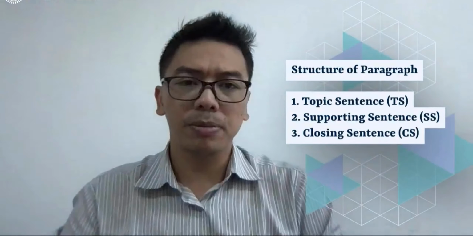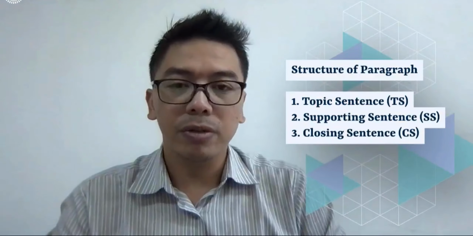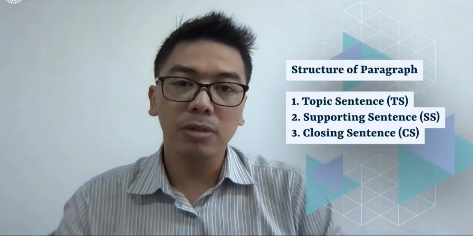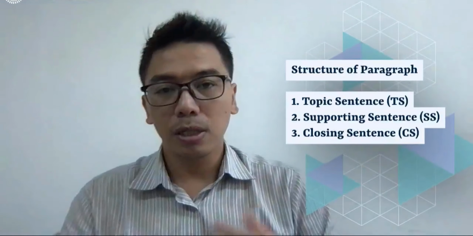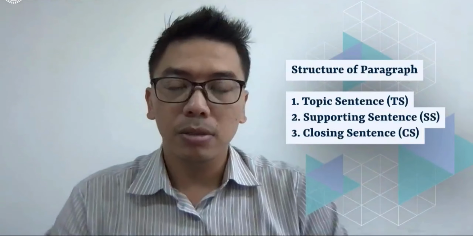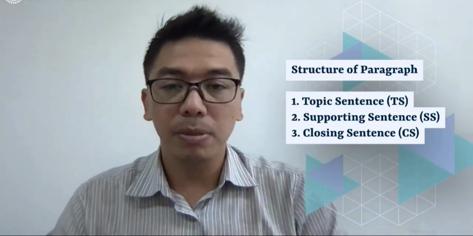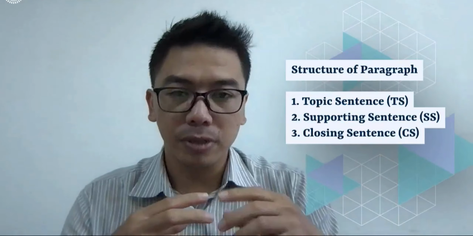Next, we will talk about the paragraph itself, the structure of a paragraph. There are three things that you have to fulfill: the topic sentence, the supporting sentence, and the closing sentence. The topic sentence always appears in the first paragraph. It's about the topic, the key of the paragraph itself.